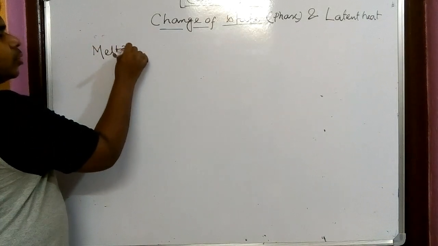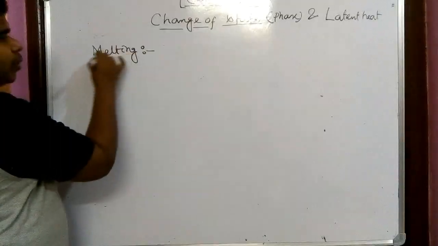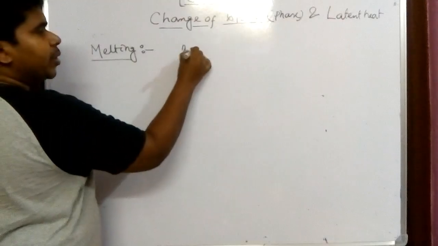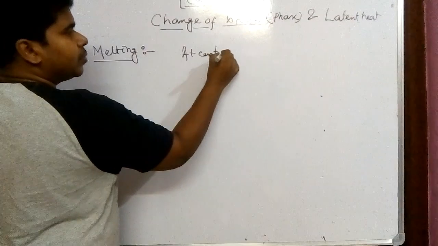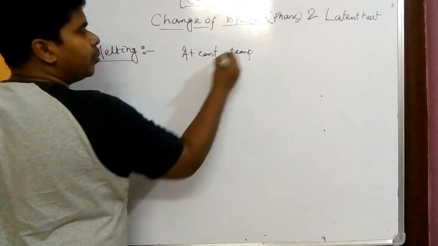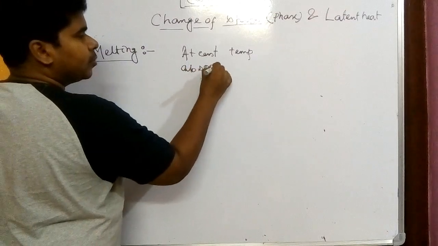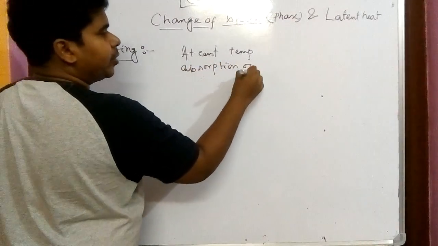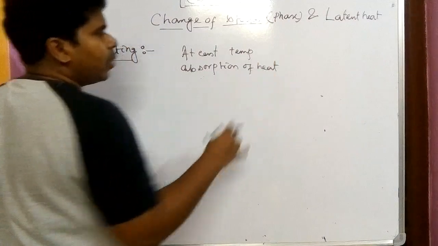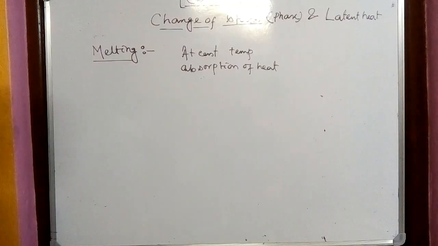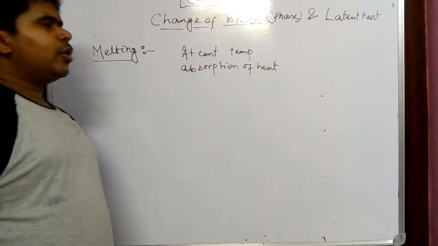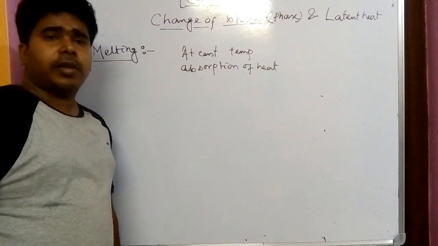Two things I have mentioned: one, at constant temperature, and number two, absorption of heat. Now you might be thinking that if we are absorbing heat energy, how can the temperature be constant?